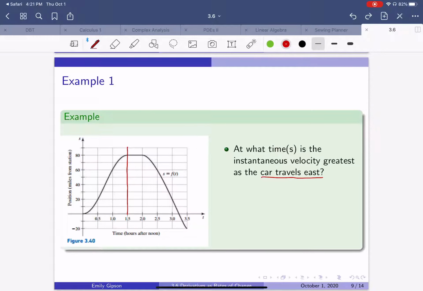We've got from 0 to 0.5, where we're increasing our speed, from 0.5 to 1, where we're traveling at a constant speed, and from 1 to 1.5, where we're decreasing our speed. So the time our instantaneous velocity is greatest is going to be in this middle sector, and that's when the slope of our tangent line is going to be steepest.